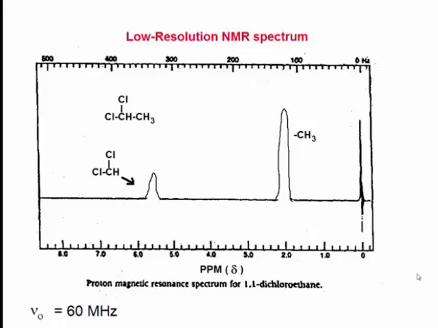Because it's done at low resolution, one of the things that we note is that the peaks for it are broader than what we've seen before. Well, we can still determine which peak goes with which protons in a molecule.